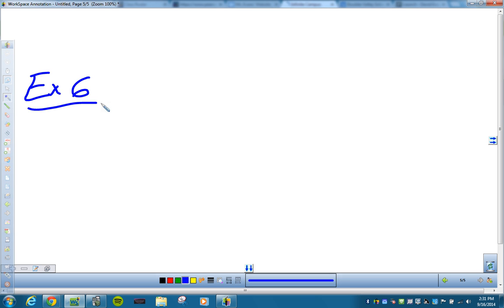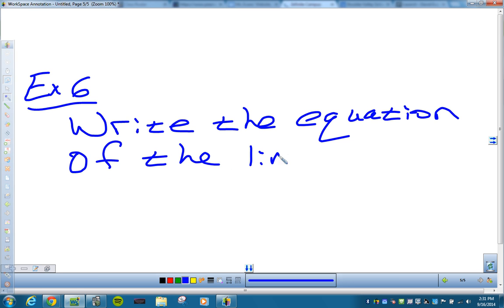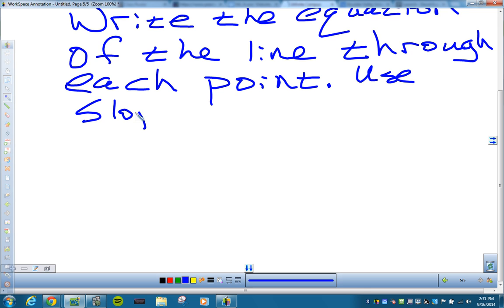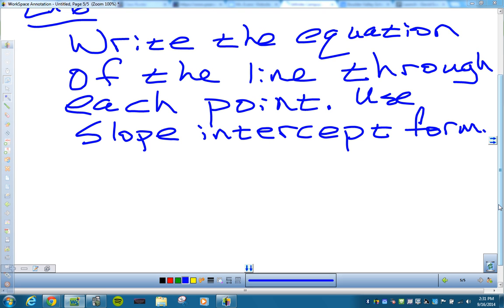Write the equation of a line through each point, use slope-intercept form.